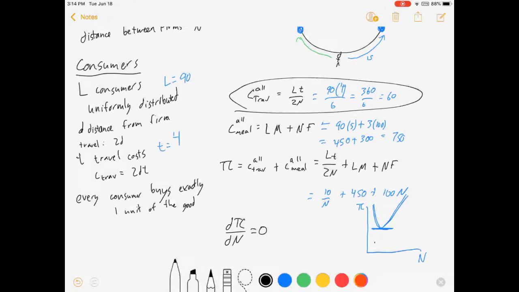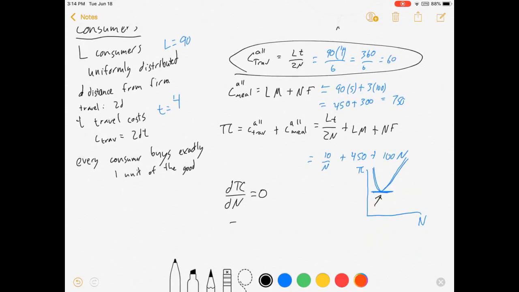I'm going to set that thing equal to 0 to get this 0 slope condition, and I will get negative LT over 2N squared plus F equals 0.